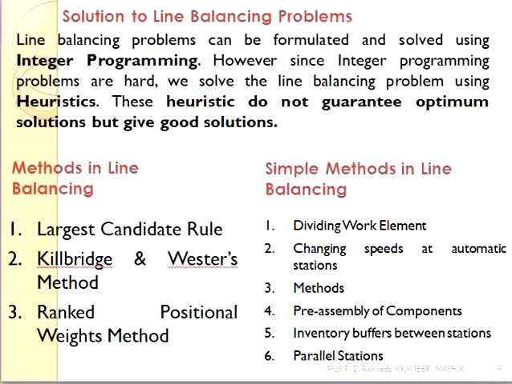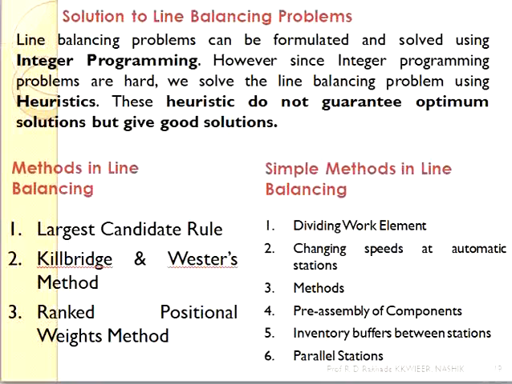Then last, up to the conclusion part, solutions of the line balancing problem. There are a number of scientific methods, that is largest candidate rule, Kilbridge-Wester method, then ranked positional weighted method. These three methods are mostly used to determine the number of workstations. Then there are also simple methods in line balancing: divide work elements or divide workstations according to cycle time, then change the speed of the automatic station.